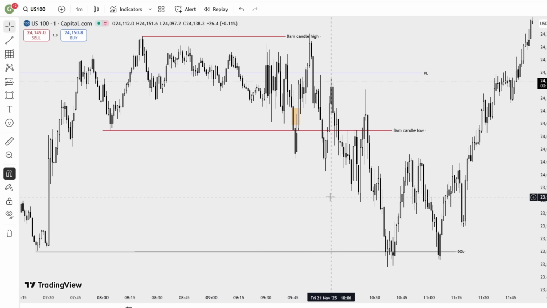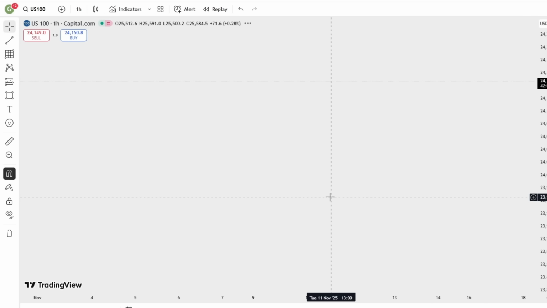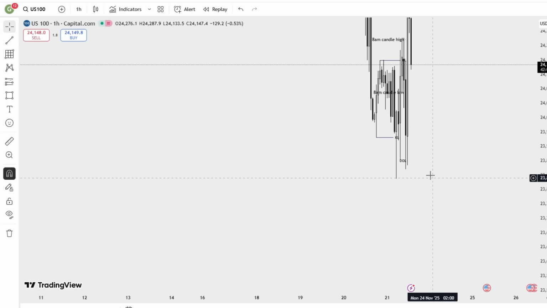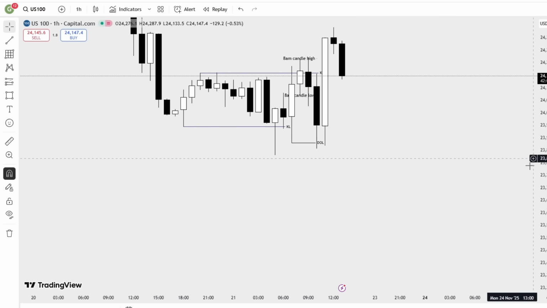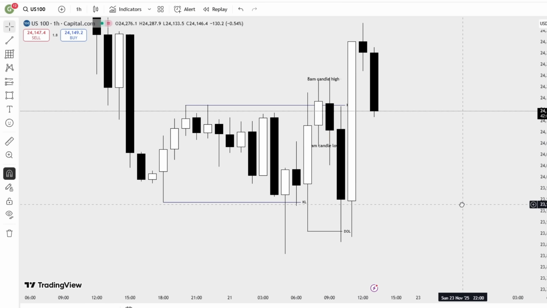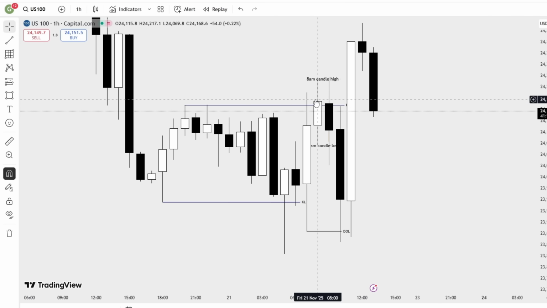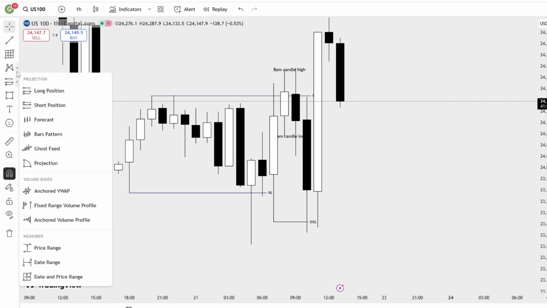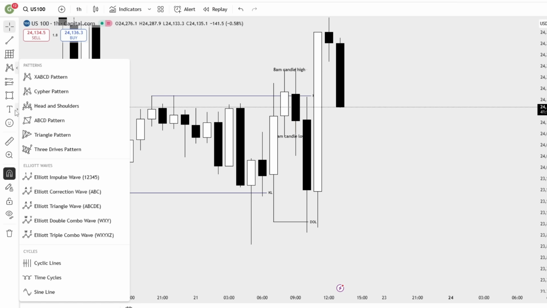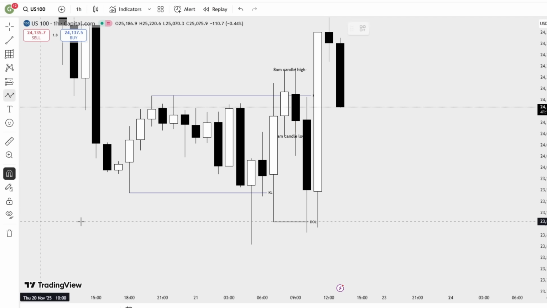Your second target, you're going to zoom out to the 1 hour, and you see a key level. Where do we have a key level here? You go from one key level to another key level, always in the market, from one external liquidity to another external liquidity.